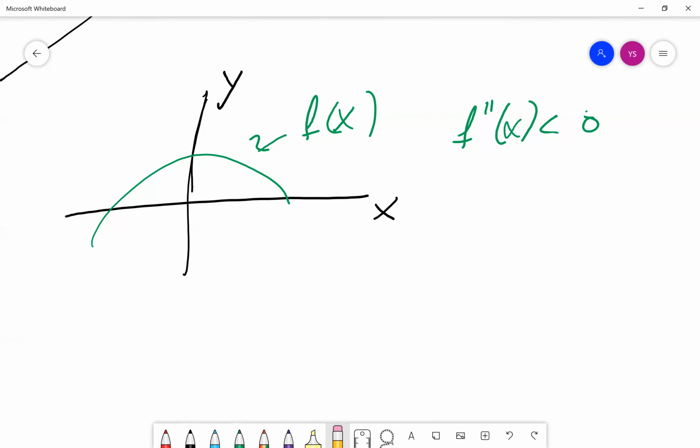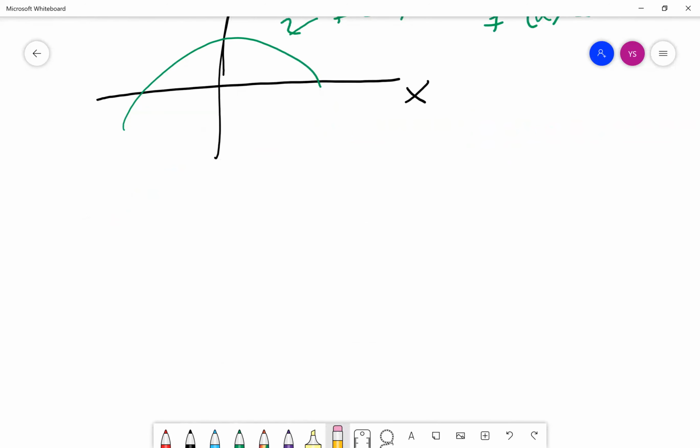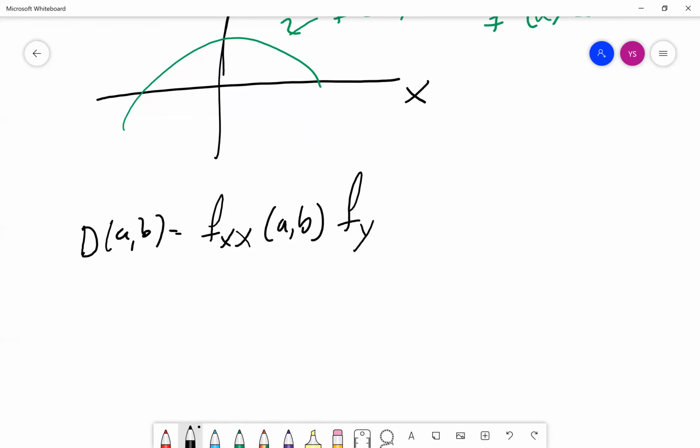So in a similar way, our second derivatives also give us information, and it's in this form. First, take D of (a, b) to be the following thing. The second partial of f with respect to x, so the partial with respect to x and then the partial of that with respect to x at (a, b), times the second partial of f with respect to y at (a, b).